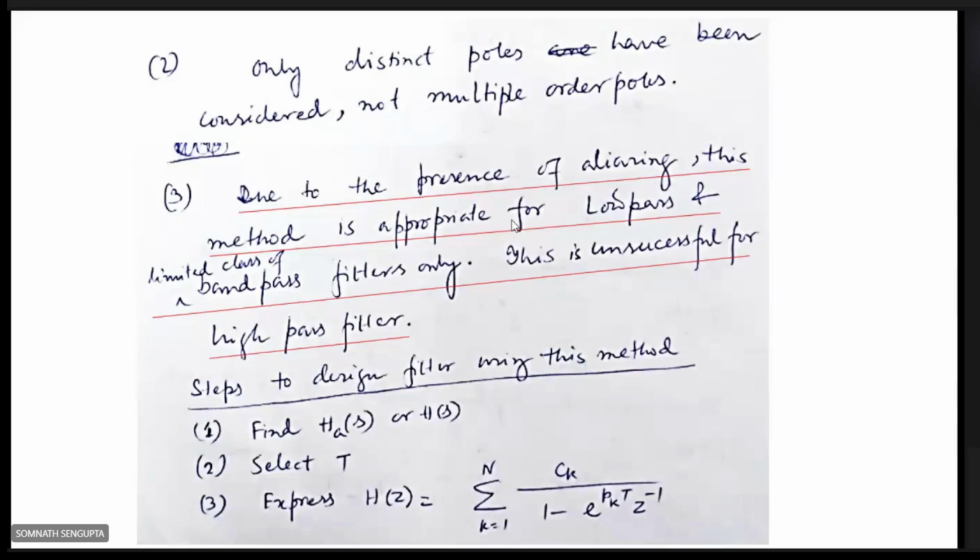Then find the poles pk from the inverse Laplace transform of H(s) using the partial fraction method. These should be distinct poles, not multiple order poles. Complex conjugate poles can be implemented.